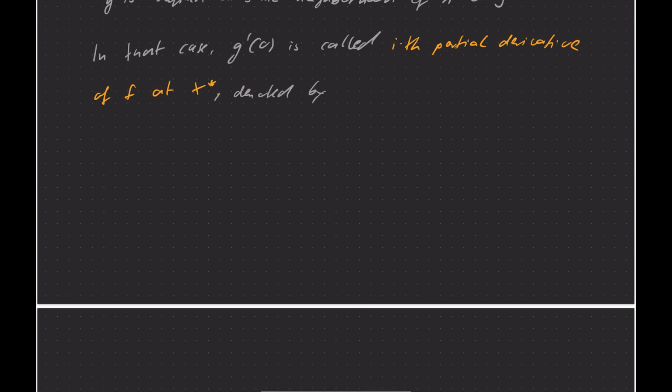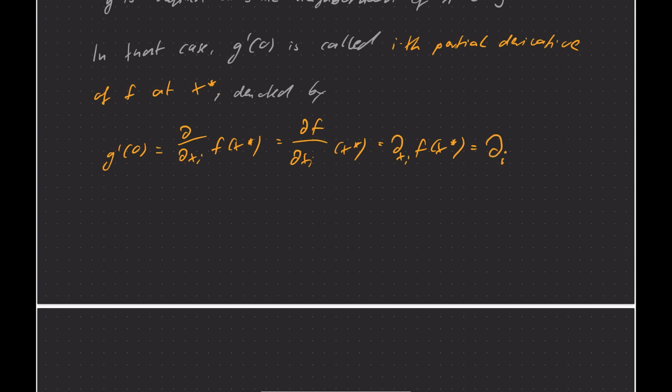The notation here is that g prime of 0 is usually denoted as d over dxi f at x star, or sometimes df dxi at x star, or just d subscript xi f of x star, or even more simple, d subscript i f of x star.